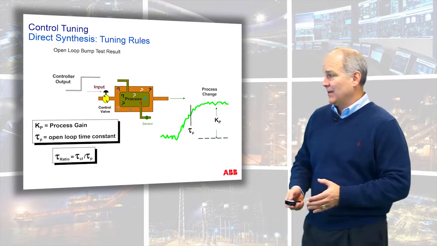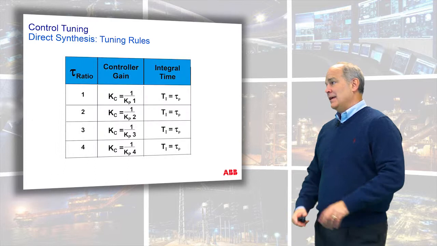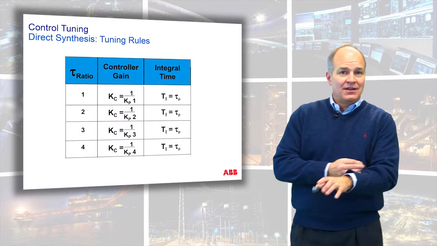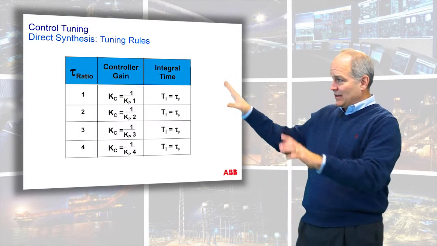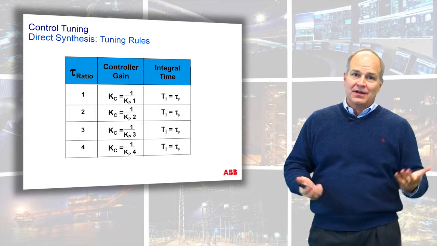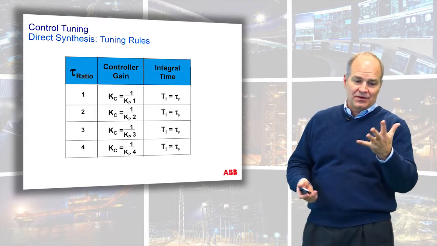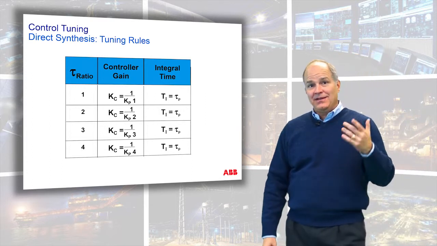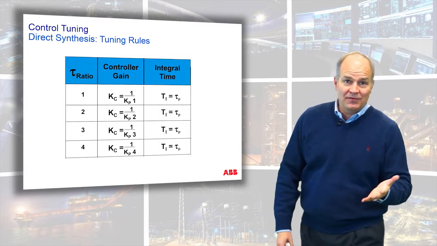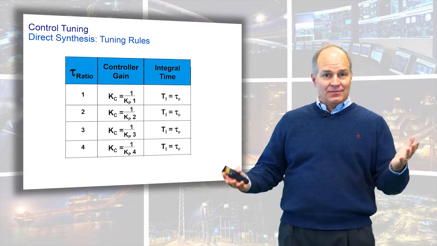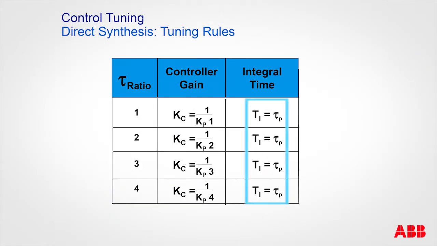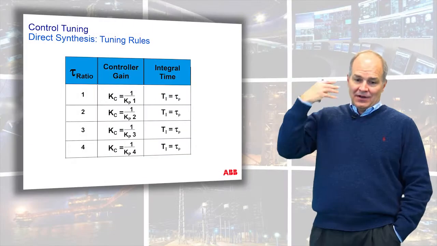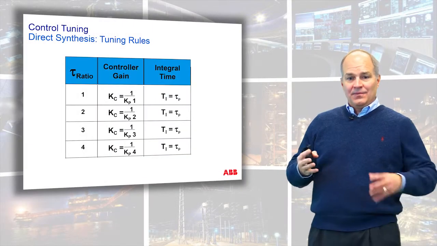It really simplifies, and that's what we're going to talk about. If I ever sit down and do tuning with you, you'll see me make a table like this. Usually I pick four tau ratios, 1, 2, 3, and 4. They don't have to be 1, 2, 3, or 4. They could be 1.5, 2.2. It's just a number. But I will make a series. Notice here the integral time stays the same if you're using the standard form. I've kind of been ingrained to think in terms of the standard form.